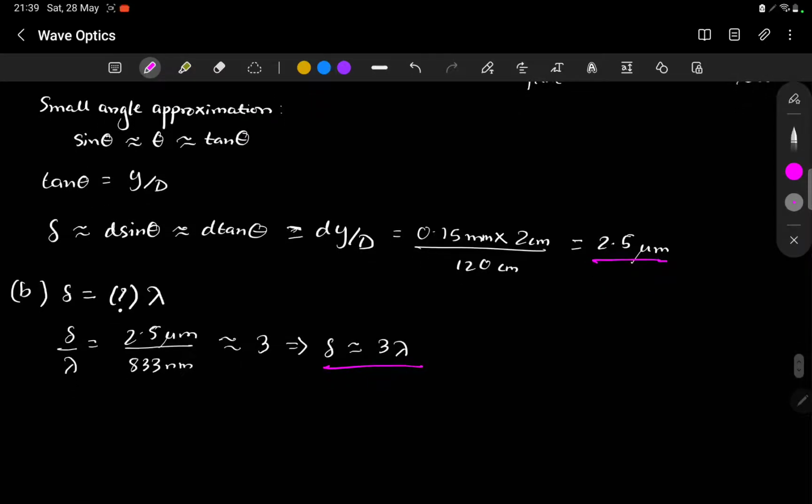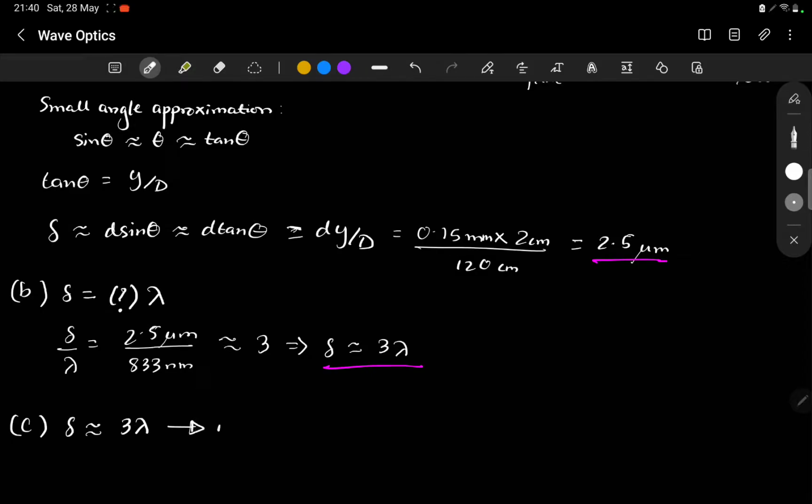Finally, we are supposed to determine whether this point P is a point of maximum, minimum or intermediate intensity point. So we see that delta is approximately equal to 3 lambda.